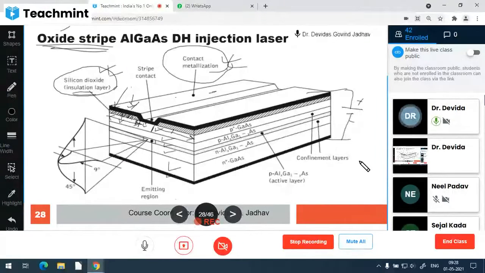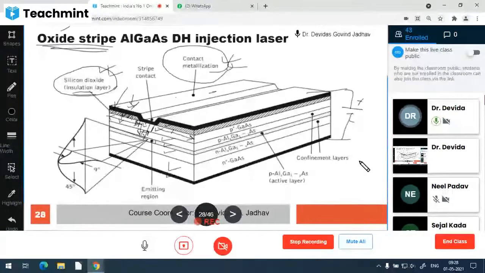Now, whenever the power supply is connected, this metallization starts conducting, but as there is silicon dioxide under it, it does not allow conduction. Conduction is allowed only in this small region. This small channelization of charged particles makes only a small, thin active region have the pumping effect.